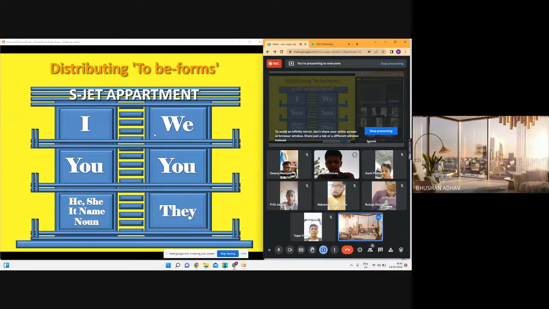Then I shall have, we shall have, you will have, he will have, she will have, it will have, name will have, noun will have, they will have. I shall have been, we shall have been, you will have been, he will have been, she will have been, it will have been, name will have been, noun will have been, and then they will have been.